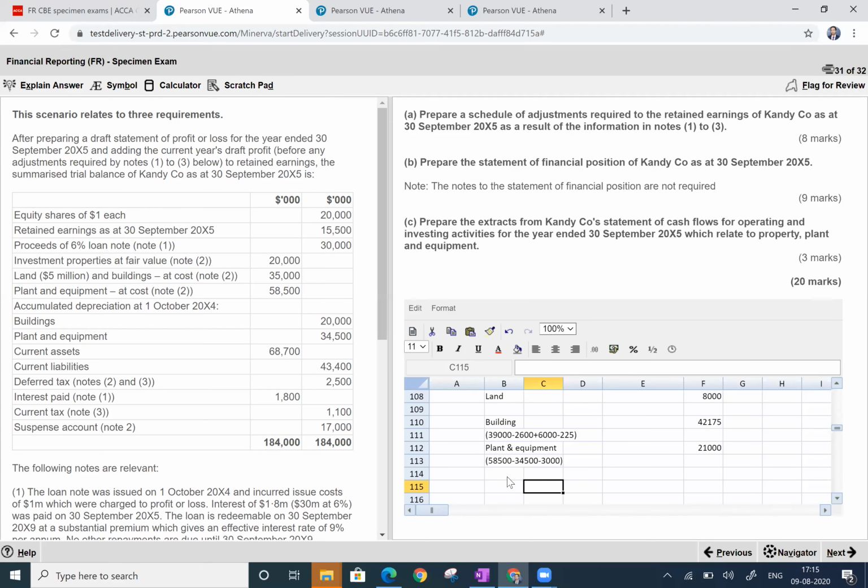Now what else? There is only current assets. So current assets, only one current asset, 68,700. That's it.